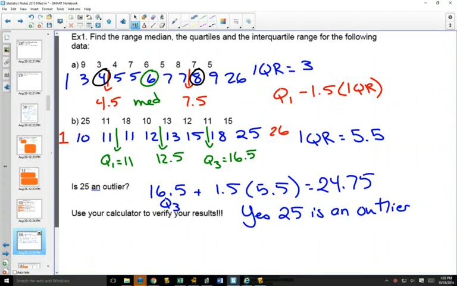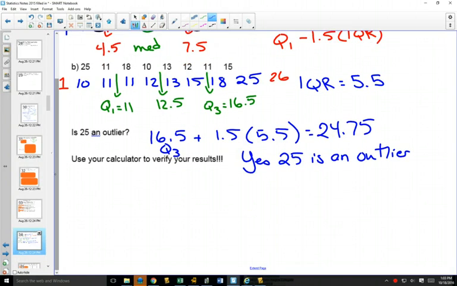So if you want to find out what the position numbers of your quartiles are, remember I said you can find your median's position number by doing n plus 1 divided by 2, where n is the number of data points you have.